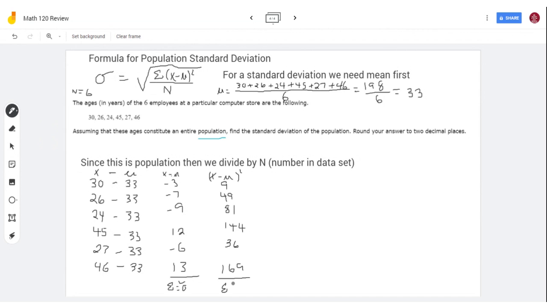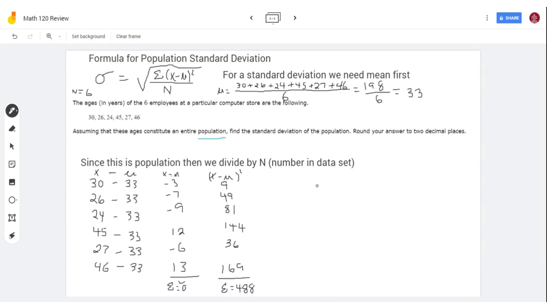And it looks like they come out to 488. Is that right? Somebody double check for me. 488. Okay, that's the numerator here.